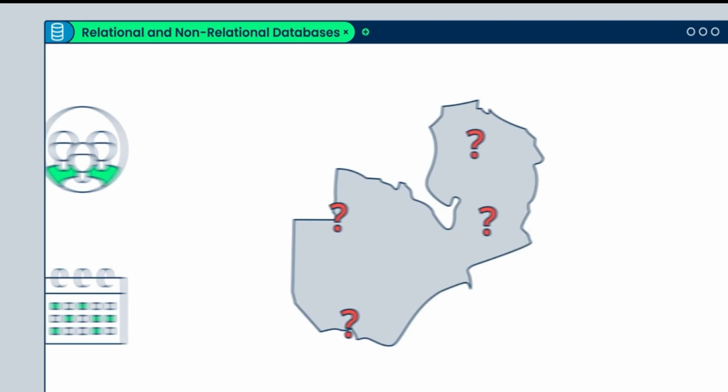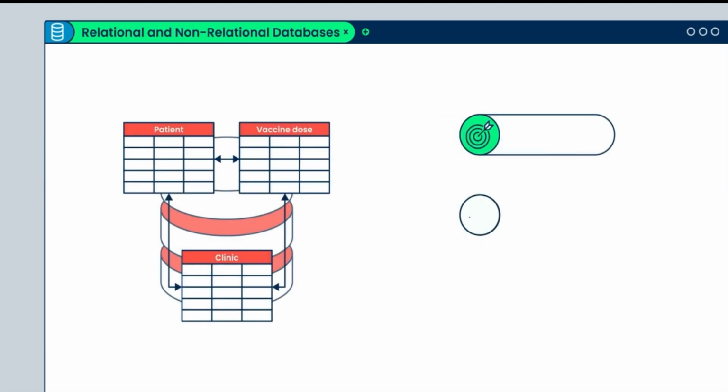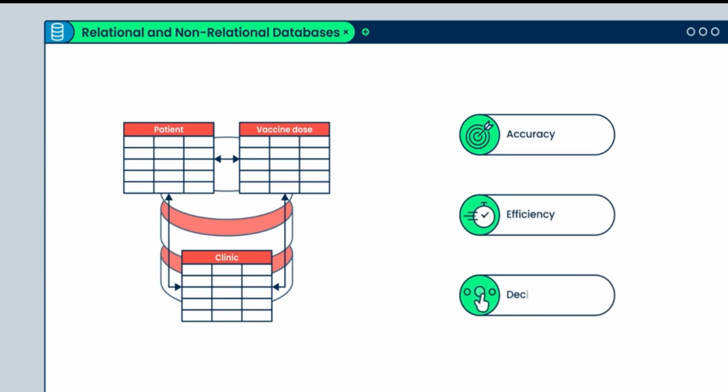We can implement database systems specifically designed for healthcare management. A database allows for centralized and secure storage of vaccination data, streamlined reporting, and automated data validation to improve accuracy, efficiency, and decision-making due to its ability to handle complex operations and intricate relationships between data points.